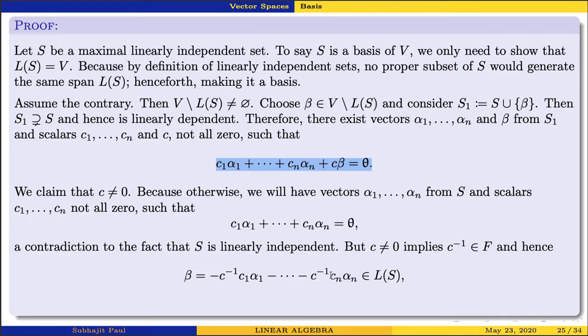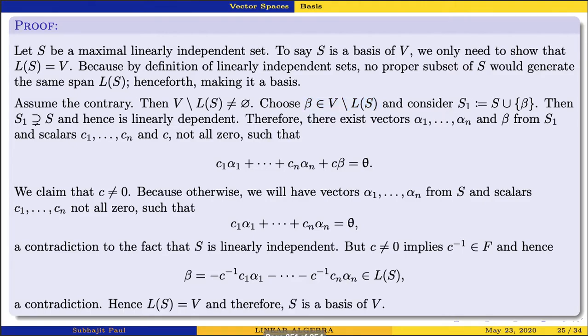But this vector is a linear combination of vectors from S, so it belongs to LS. Therefore beta belongs to the linear span of S. That is a contradiction because we chose beta from outside the linear span of S. So hence LS has to equal the entire V, and therefore S is a basis.